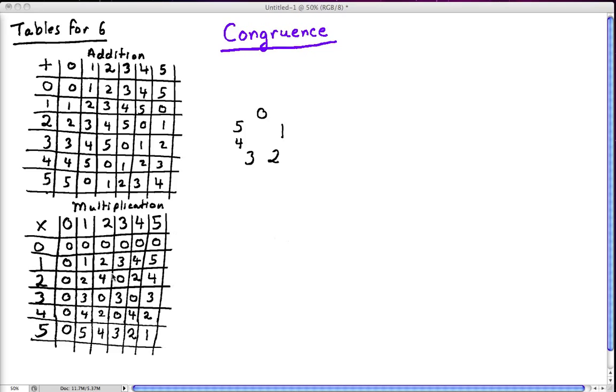Looking at multiplication, you notice that 0, of course, is always 0. No matter how you look at it, 0 times anything is 0. But here we really have three different kinds of things going on. First, you have these all-0 rows.